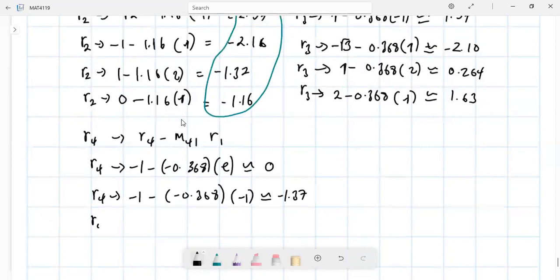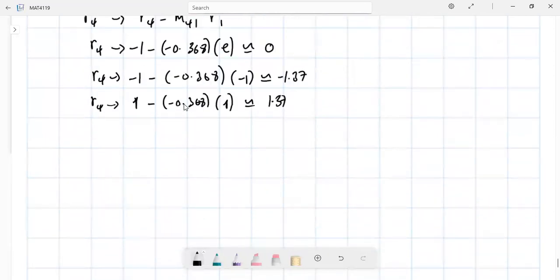And then in row 4, what are we reducing now? We are reducing positive 1 minus negative 0.368 times the element, which is 1 there, right? And this approximately becomes 1.37.